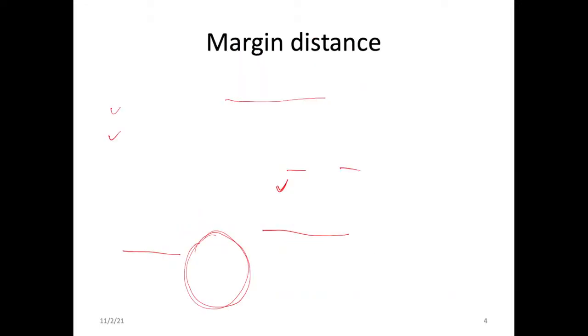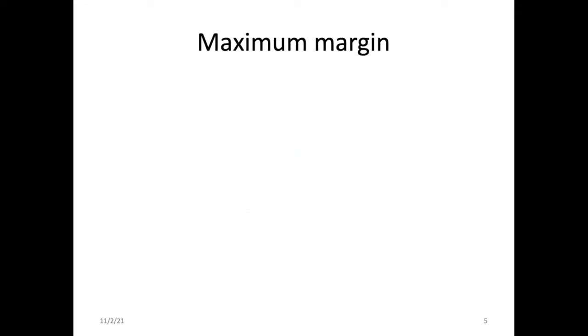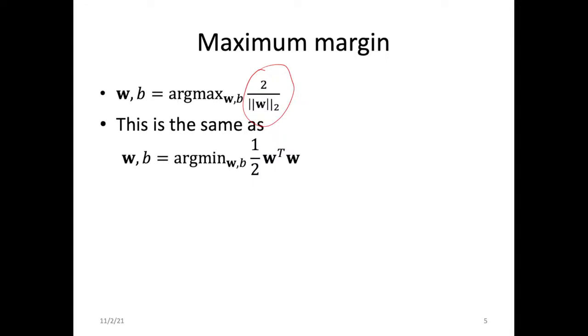So we want to find W and B such that the distance between these two parallel hyperplanes is maximized. And this is equivalent to finding the W and B such that the inverse of this margin distance is minimized.